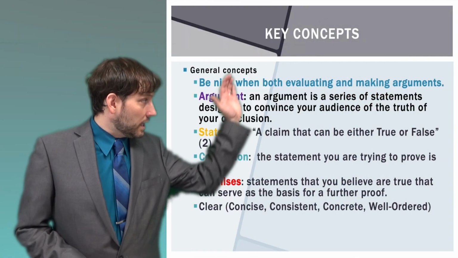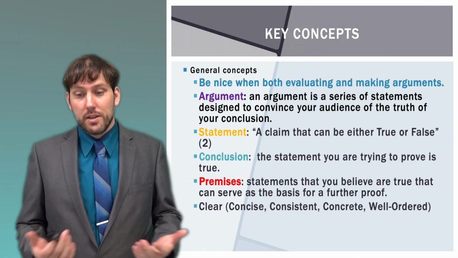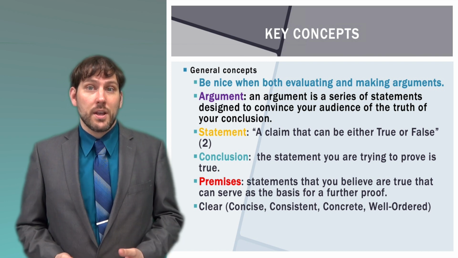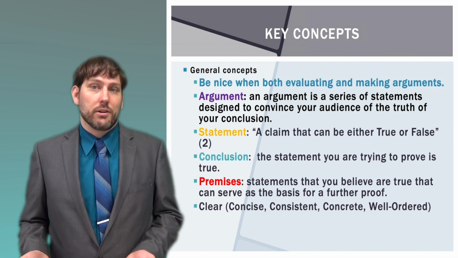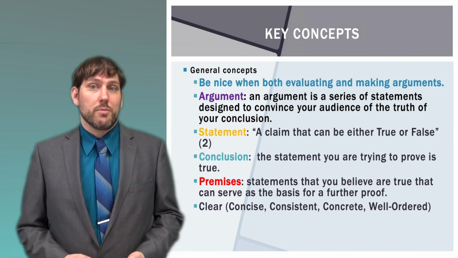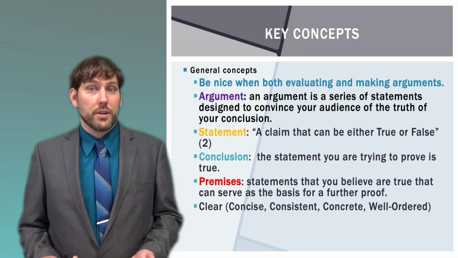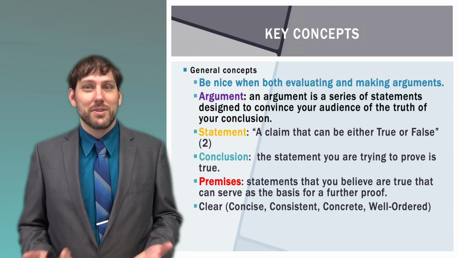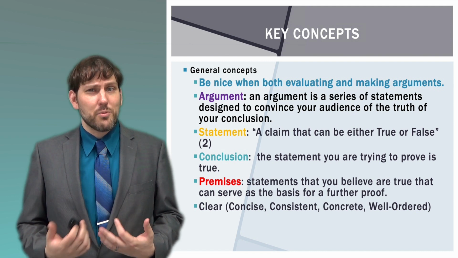First off, let's review. So what we want to look at initially is what we've seen so far. So looking at general arguments, we have seen the concept that we are supposed to be nice when both making and evaluating arguments. When evaluating arguments, this means trying to identify the premises and the conclusion and giving the argument the best structure that we can think of.